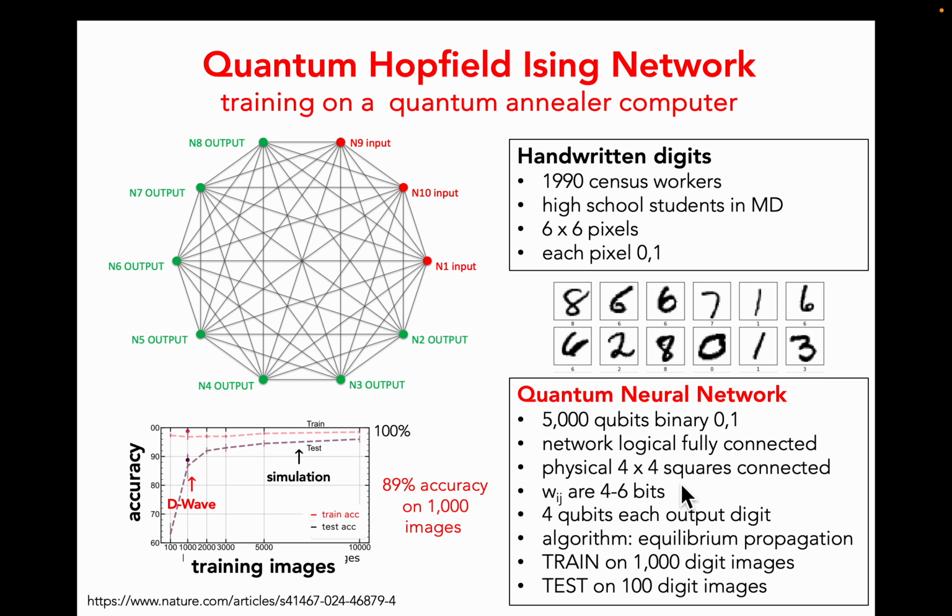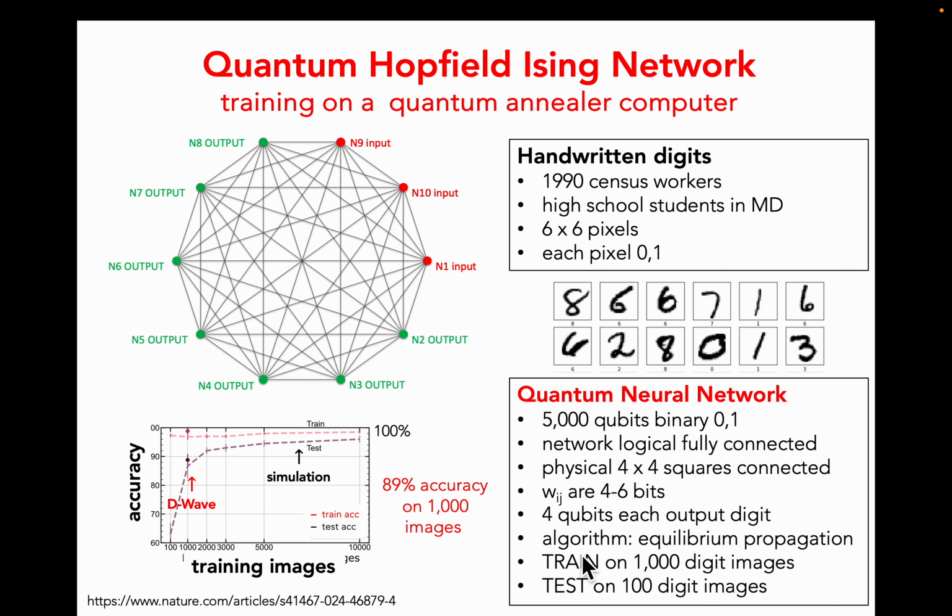It's a little more complicated than this because this particular machine has the qubits arranged in sets of 4 by 4, and so you need additional connections in order to logically connect everything globally, but that could be done. We have to combine several of the qubits to create enough information to separately represent the digits 0 through 9. And the algorithm here is equilibrium propagation.